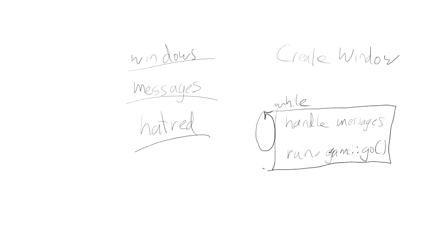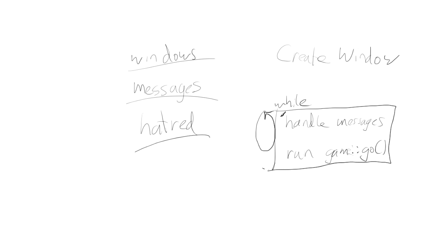And every time you run game.go, the game will draw a frame on the screen. And that's basically how most simple game programs work in terms of Windows. You create a window, and then you handle messages, and you handle your game code.